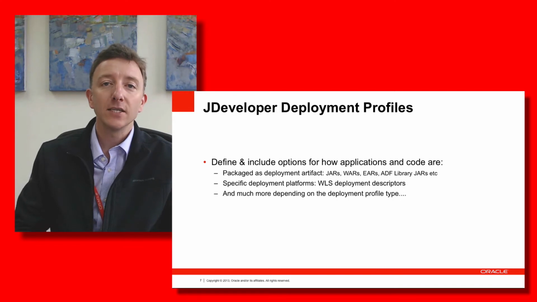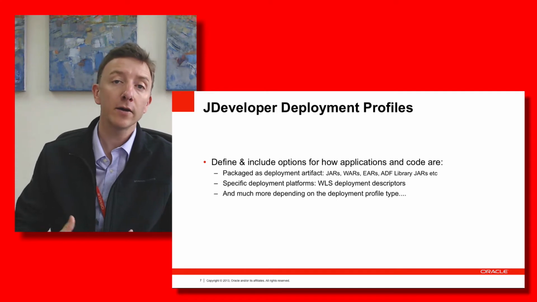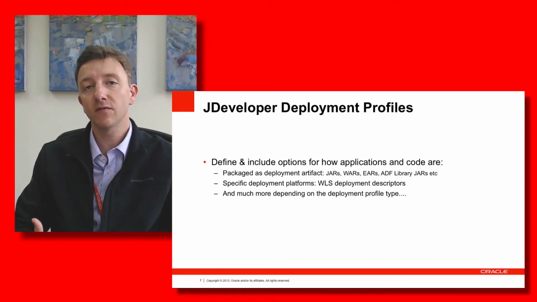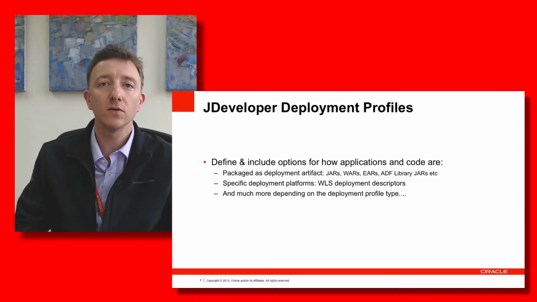Now, what actually gets included in those artifacts, the configuration of what gets included, is what the deployment profile exists for. The deployment profile is basically the configuration set to say, hey, I'm going to generate a war and I'm going to include these files. I'm going to create an ADF library jar and I'm going to include these bounded task flows, and so on and so forth.